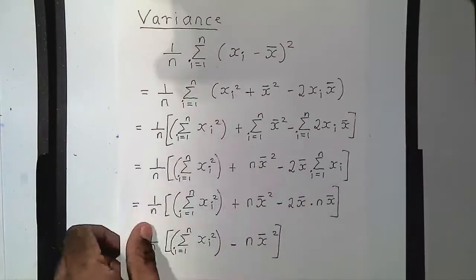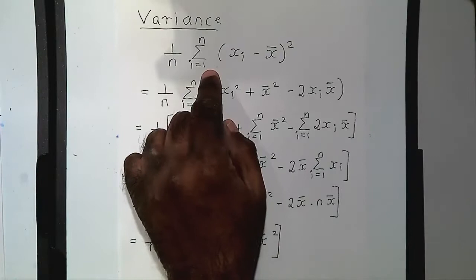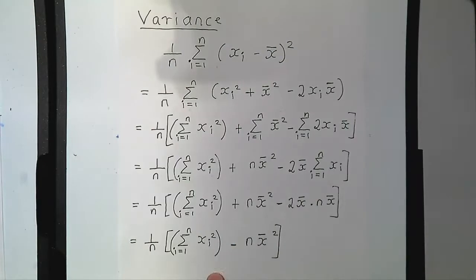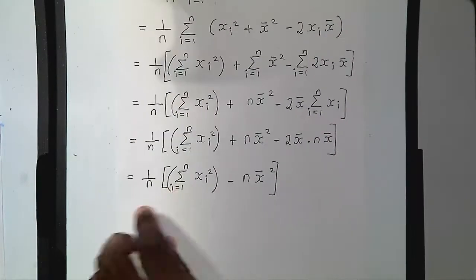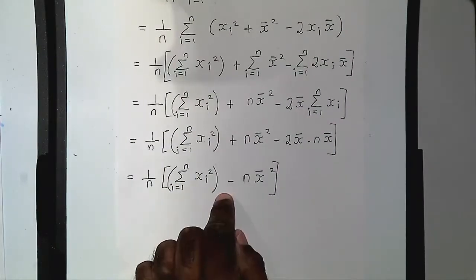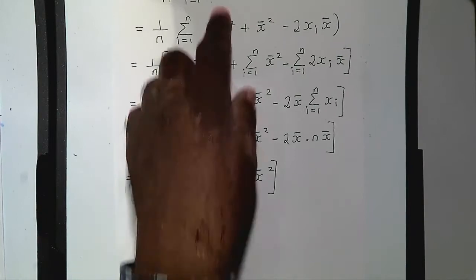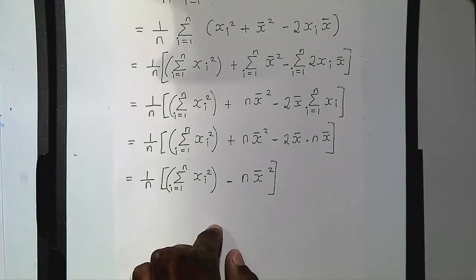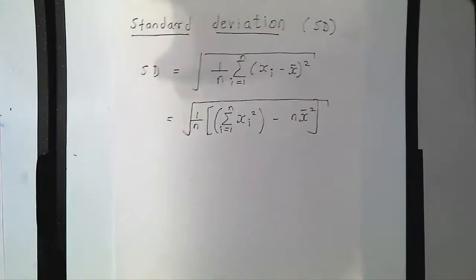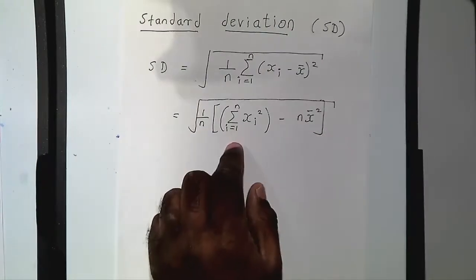Then I also talked about variance. Variance is defined by this, and it can be simplified to this formula here. This is stuff you did in quiz 1, you may recall. And then I talked about standard deviation, which is simply the square root of the variance.